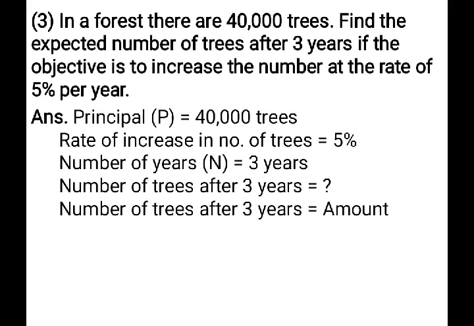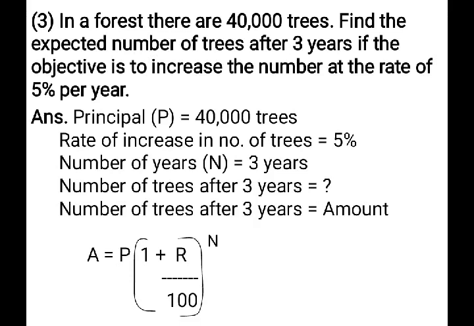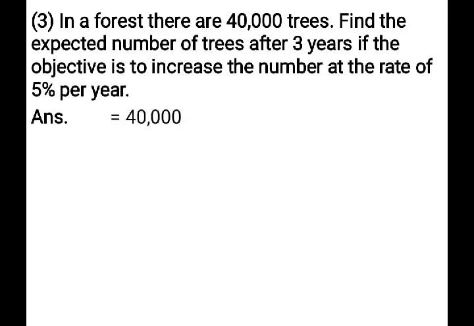You have to use the formula of amount of compound interest. The formula is amount is equal to principal in bracket 1 plus rate of interest upon 100 raised to number of years. That is equal to principal 40,000 in bracket 1 plus rate of interest 5 upon 100 raised to number of years 3.